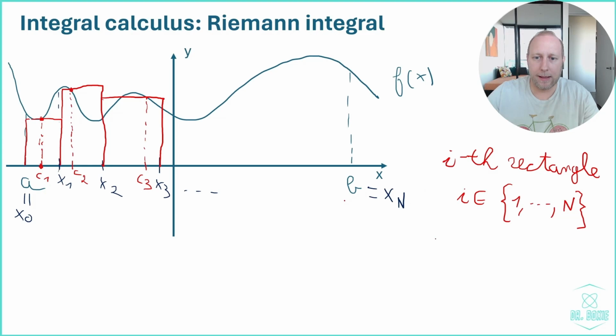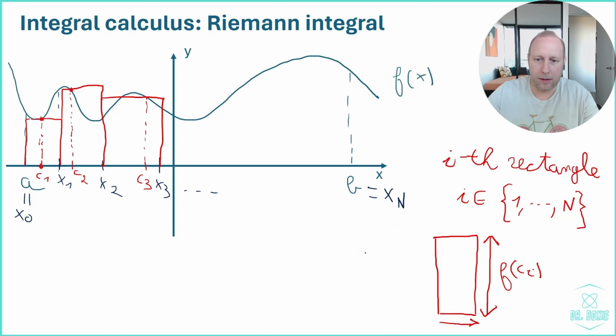If we look at that ith rectangle, it looks something like this, where its height is f at the point ci, and its width has a value of delta xi, where we define delta xi by xi minus xi minus 1, so the width of that subinterval.